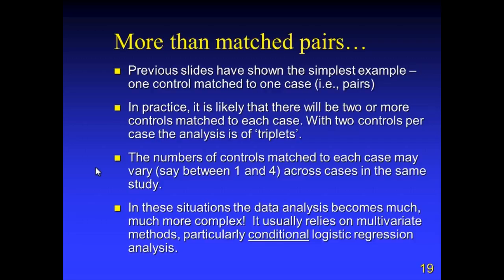In those situations, the data analysis is hard to do on paper. It's much more complicated, and it usually relies on multivariate methods, particularly conditional logistic regression, as opposed to unconditional logistic regression, which is used for non-individually matched data.